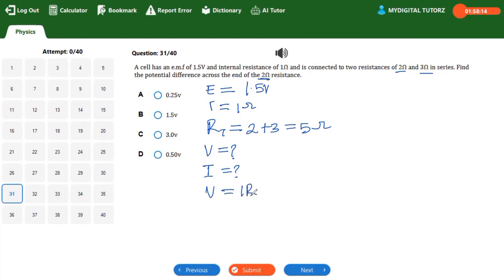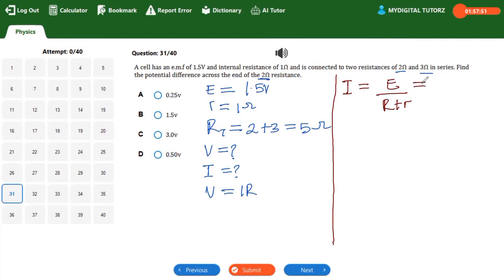Is that clear? So you need I. You have your resistance, which is 2 ohms, that you are going to find the potential difference across. The next thing to do is to relate. Remember, we have this relationship I is equal to the EMF all over R plus r. So this is the formula you're going to use to get your I.